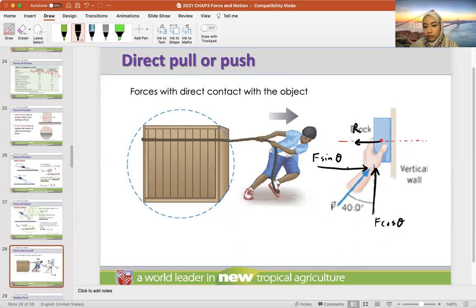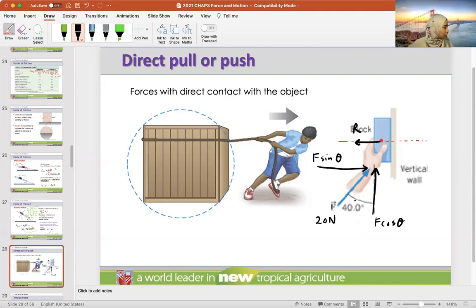So you would have a force going to the right, that is coming from the pushing force. And you would have a force going upwards that is coming from the pushing force, and value dia F cosine theta. So let's say you are pushing this box by 20 Newton.